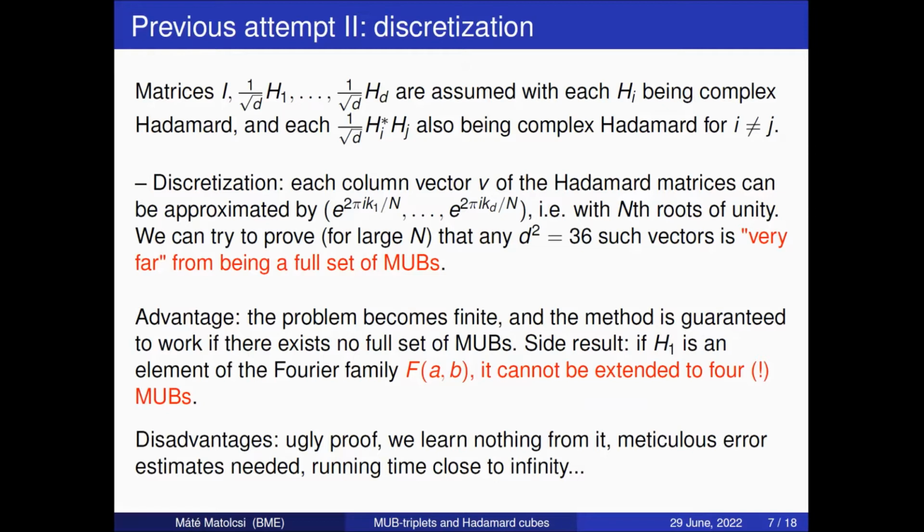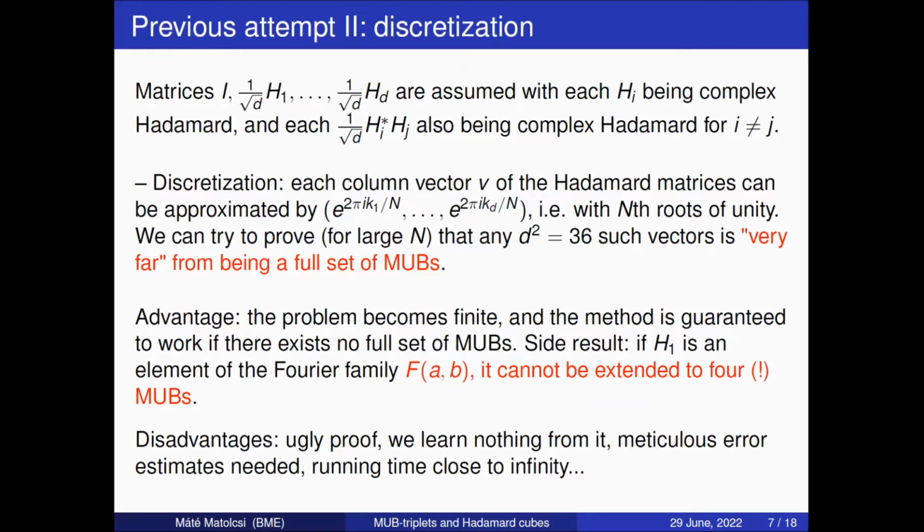So I said that the advantage is that the problem becomes finite, and there is a side result, namely if H1 comes from this Fourier family FAB, then it cannot be extended to 4 MUBs. So you don't have to run your computer because we have done it already, although with this discretization scheme, and we see that it cannot be extended not only to a full set, but also to 4 MUBs.